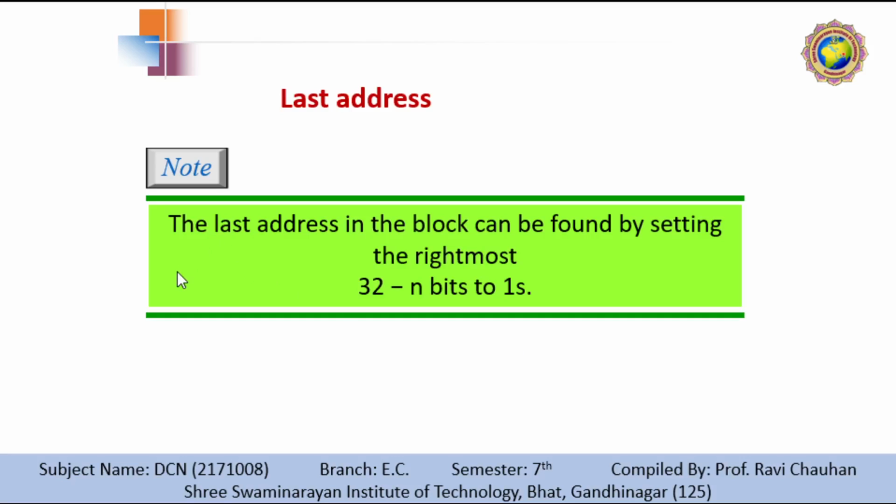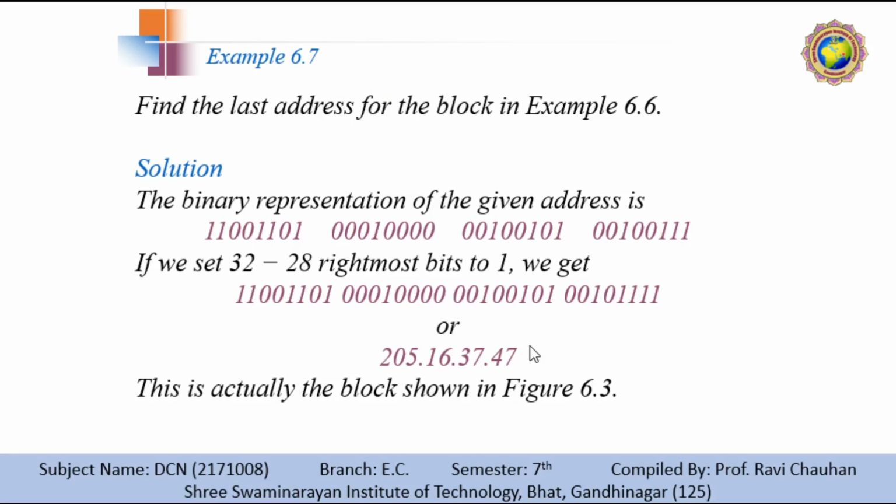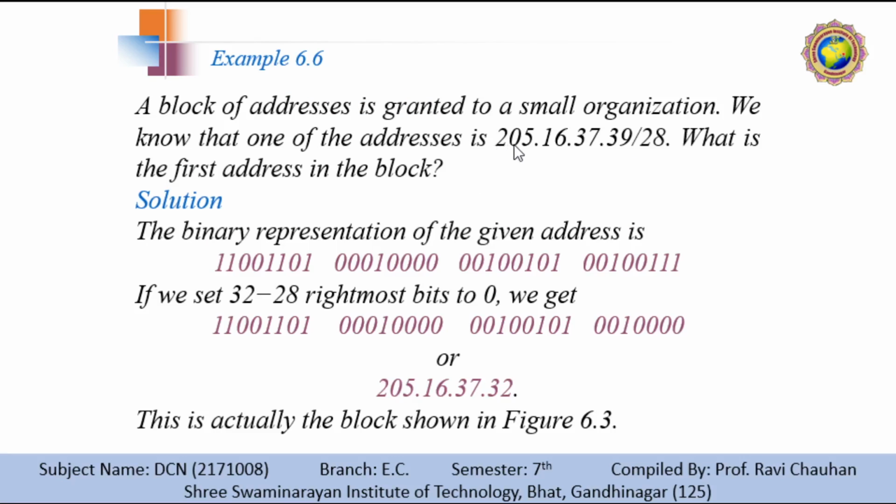As you can see, the last address in the block can be found by setting the rightmost 32 minus n bits to ones. Let's have an example for the same. Find the last address for the block in example 6.6. So what is the address? 205.16.37.39/28.